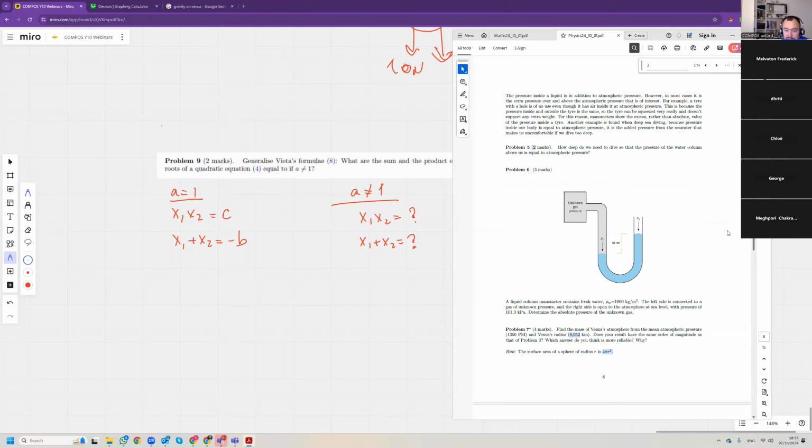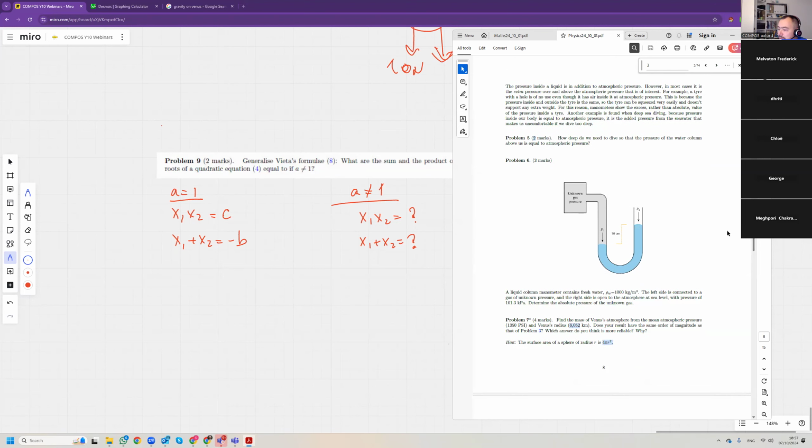Yes, that means find the absolute pressure. Can you zoom in? Zoom in on what? Sorry. If you write down some working but don't find the answer, you can get some marks. Yes, you will. You will get marks for writing the correct formula, for example.